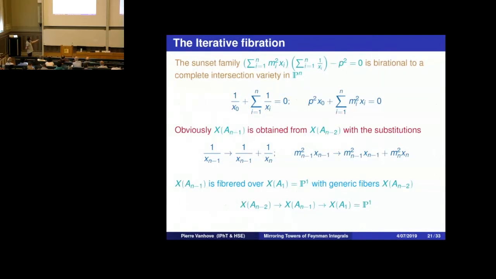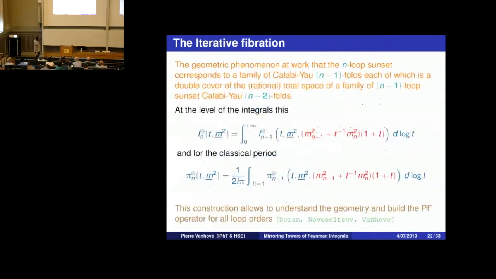And then by using this construction, you really see immediately that X_{n-1} is fibered. I mean, the fiber is X_{n-2}. So there is this fibration of the graph hypersurface from one to the other. So what is the consequence?